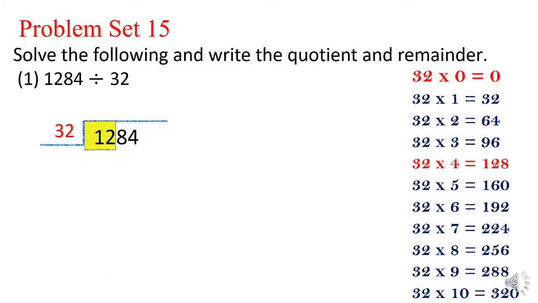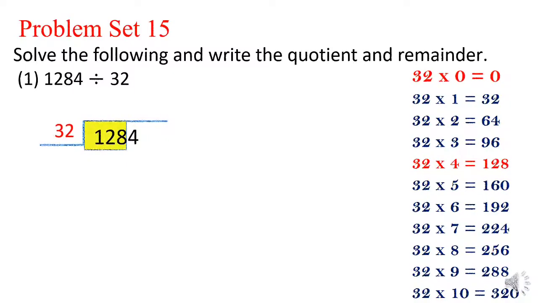So here it is 12. Again 12 is smaller than 32. So let us consider the 3 digits, that is 128 divided by 32. Now we can divide 128 by 32.